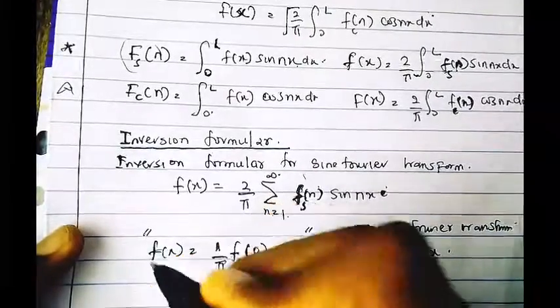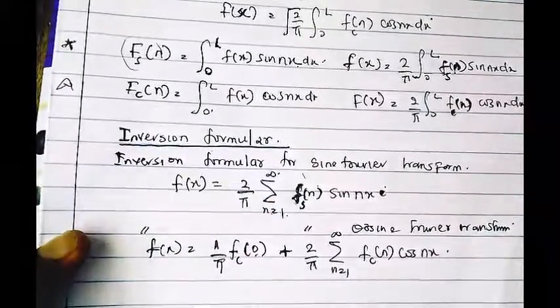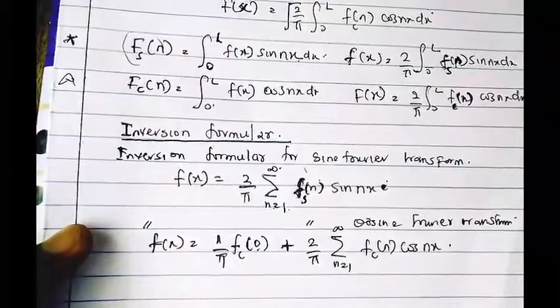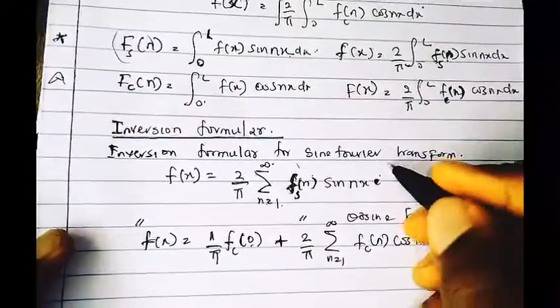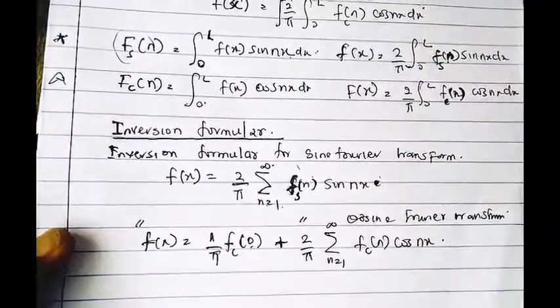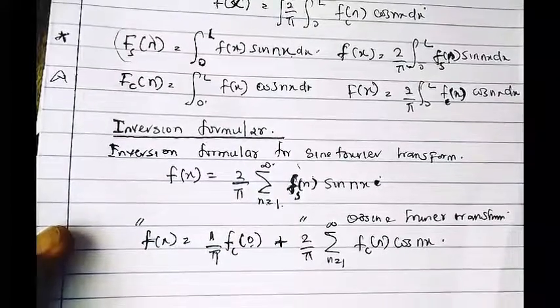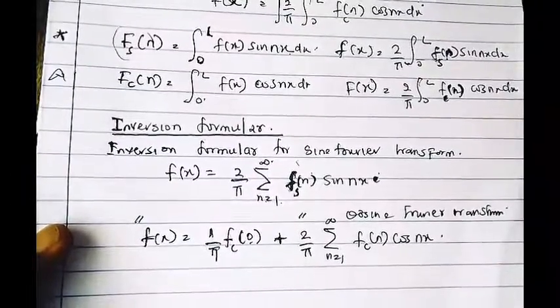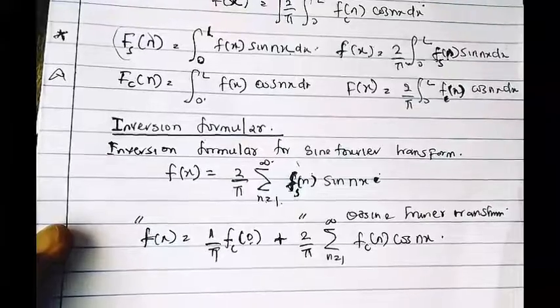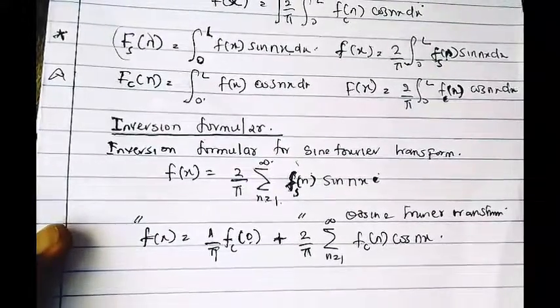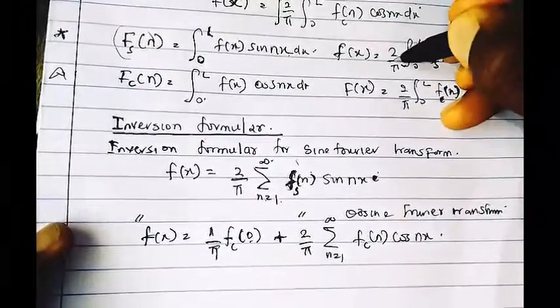So this is the inversion formula for your cosine transform. Mostly it's easier to use the Fourier sine transform to solve PDEs, because the sine transform formulas are much easier to use while solving PDEs.